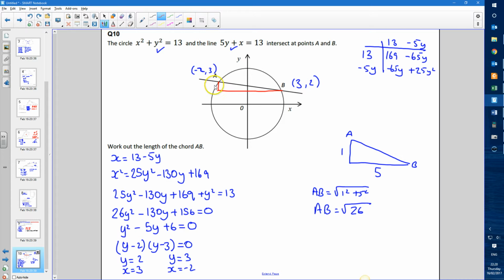So this had a distance of 1 because we went from 3 down to 2, and this had a distance of 5 because we went from -2 on our x-axis to 3 on our x-axis, and we've worked out the length AB.